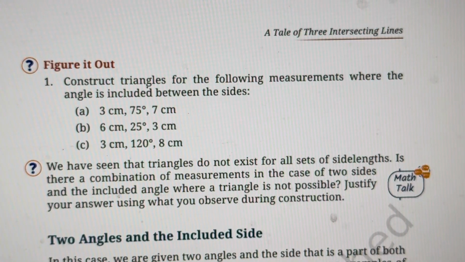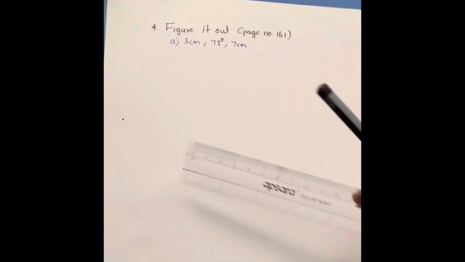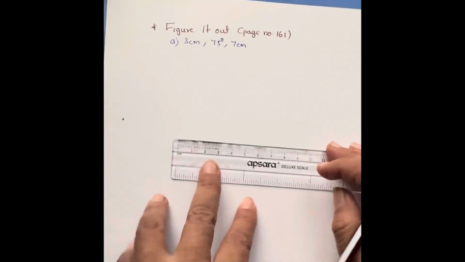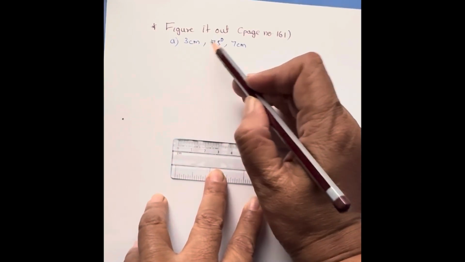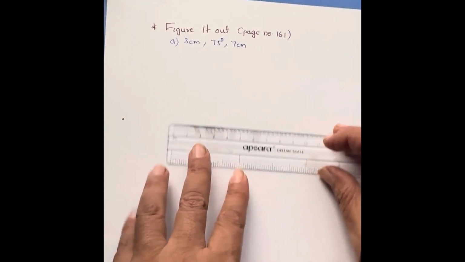Figure it out, which is given. We will solve this. Now there are 3 questions given. Construct triangles for the following measurements where the angle is included between the sides. So now I'll show you how to draw these triangles. Now we do the figure it out exercise. Question number 1A, which is 3 centimeter, 7 centimeter and 75 degree.